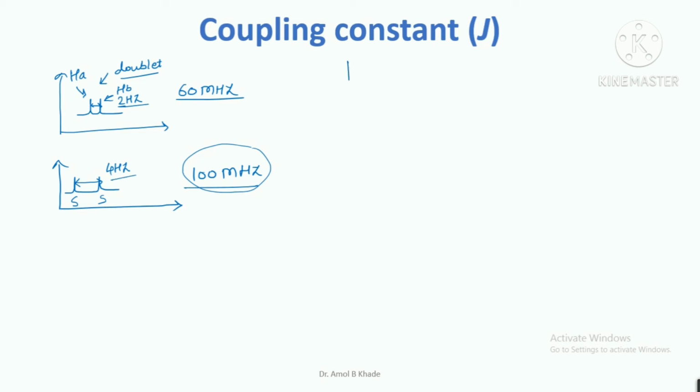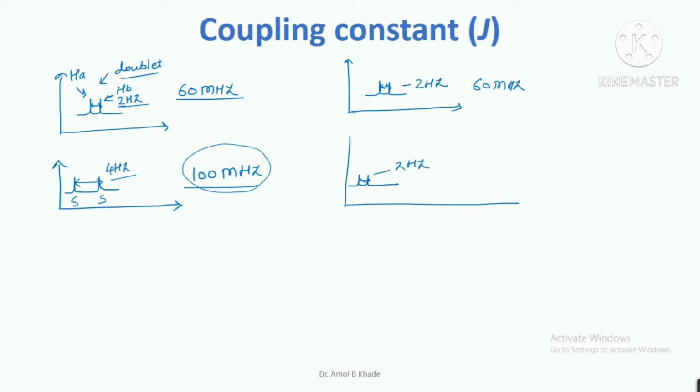If they are the same, let's say the signal is like this, again with a coupling constant J of 2 hertz in the 60 megahertz instrument, and again if I record the same signal with the 100 megahertz instrument, the distance will remain the same. It will again be 2 hertz even though I am recording at 100 megahertz.